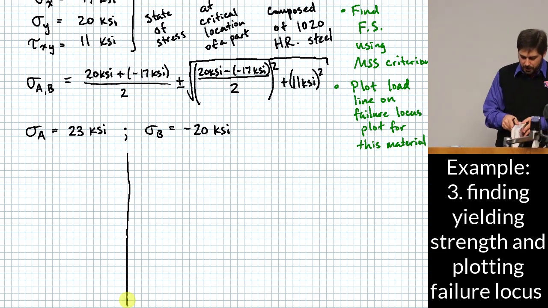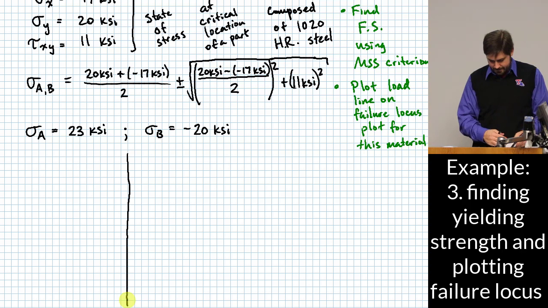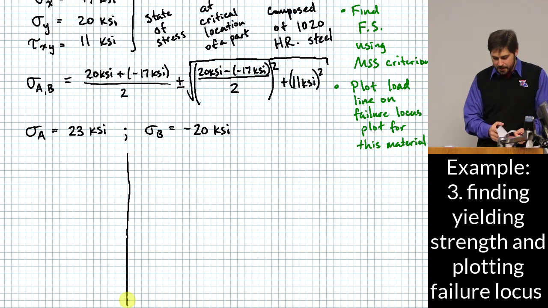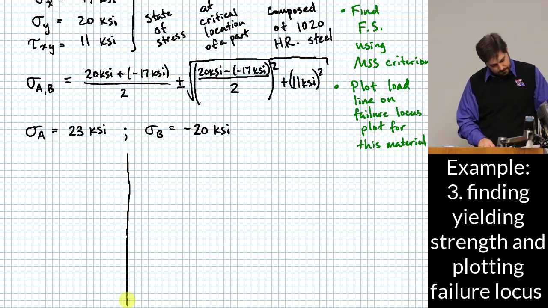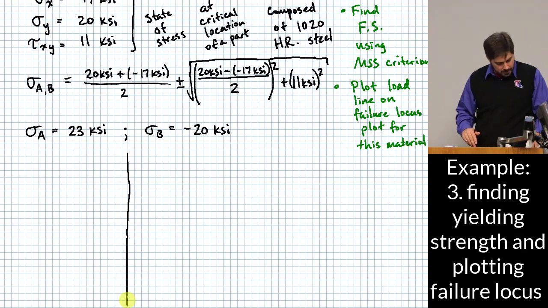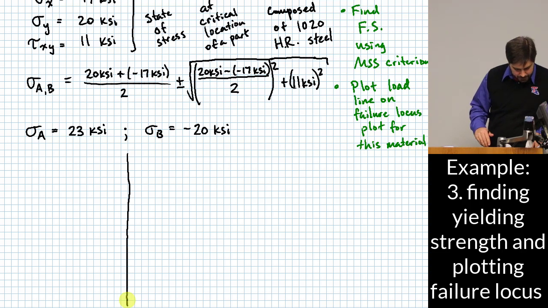One of the tables we use an awful lot is A20. It has several different types of steel and the strength properties for all those types of steel. Okay, 1020 hot rolled.